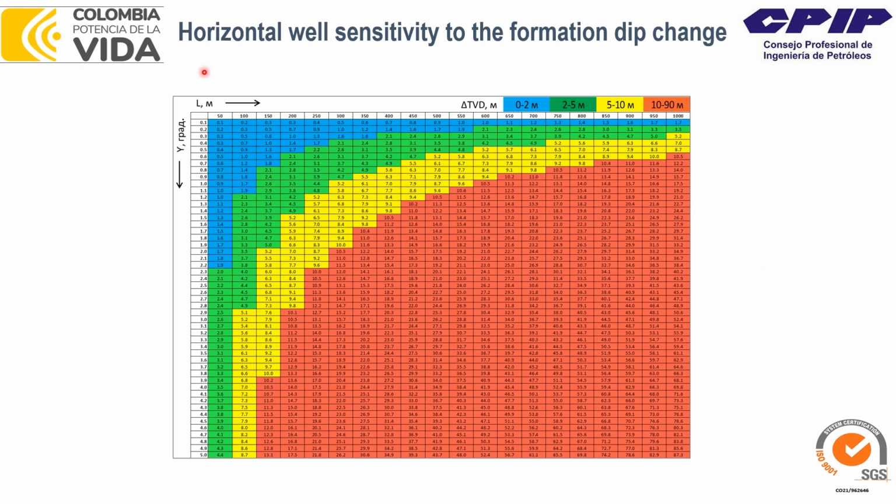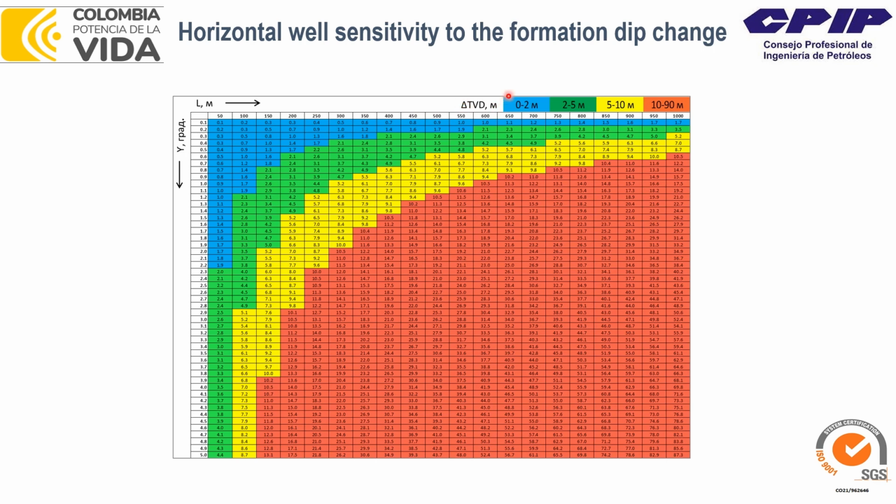On the vertical axis, we have this angle in degrees, starting from 0.1 till 5 degrees. So going down is increasing the angle of the formation. And on the horizontal axis, we have L, which is the length of the horizontal section. And the calculated parameter is delta TVD, which is our sensitivity.